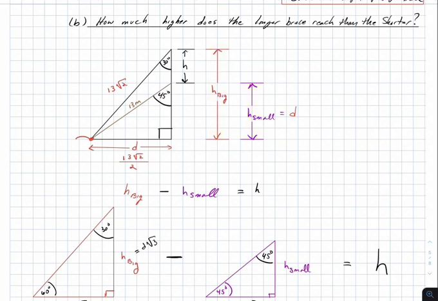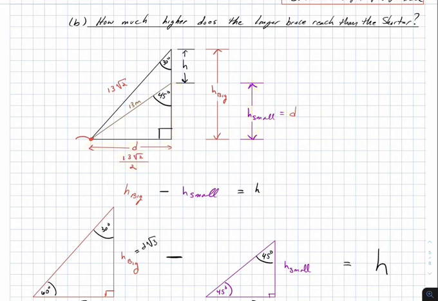Well, one of the things we already definitely know, because this triangle is a 45, 45, 90, right? That this side here is exactly the same distance as that here. So that distance is that distance. Oh, and look, we labeled it as D.